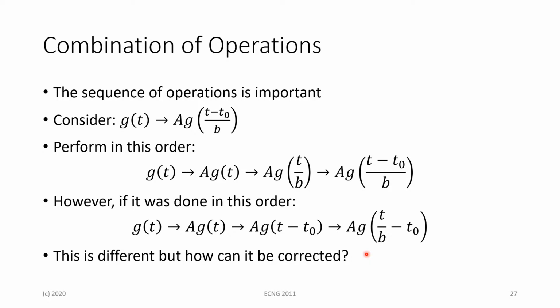Now, it can be easily corrected in this example by making sure that the time shift is also affected by this time scale. But for bigger and more complex equations, it's not so easily rectified. So the order of operations is always important when you're doing signal manipulation.